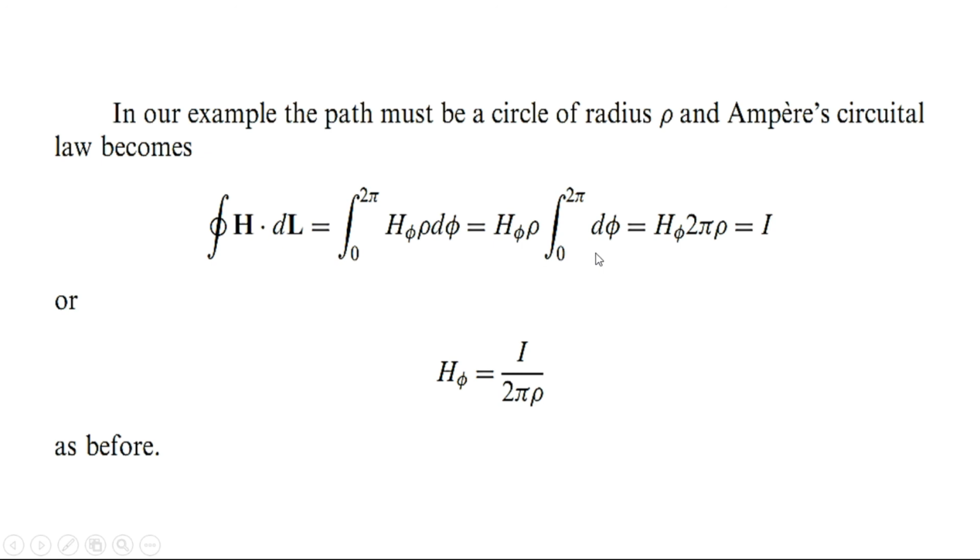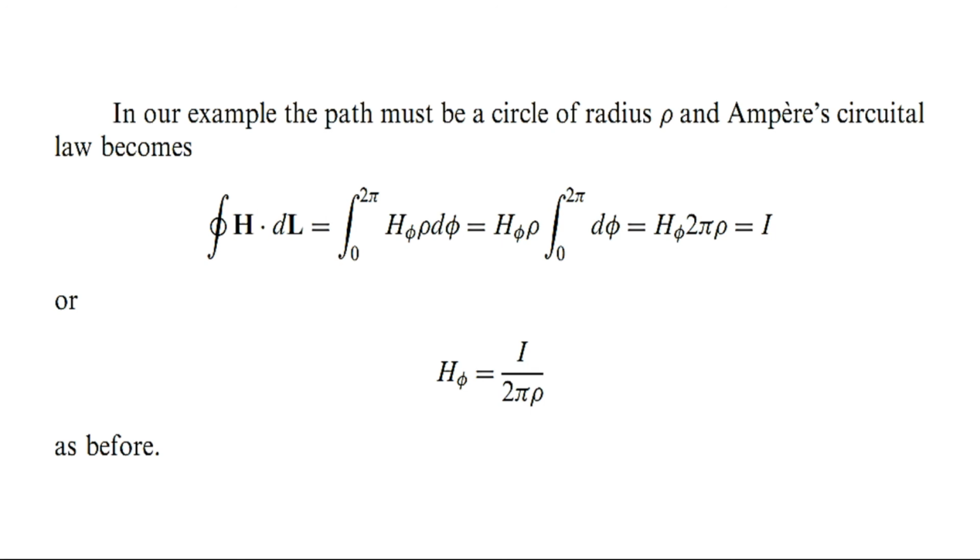So if we solve this integration, it will give us H_phi 2 pi rho, and from this equation we can find H, that is equal to I divided by 2 pi rho. So the magnitude H_phi is equal to I divided by 2 pi rho.